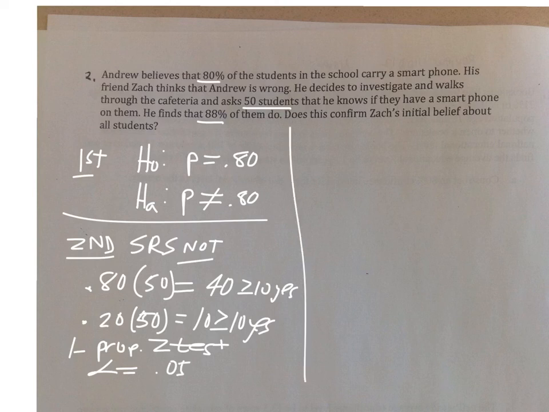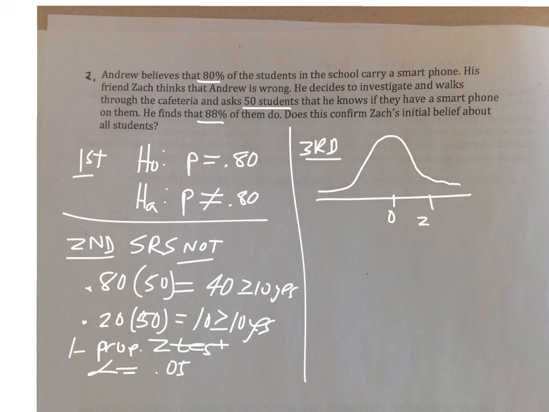as our significance level. All right, the third step would be to use the calculator to generate our normal curve. And with the work there, you find out that the z-score is about 1.4. And the shading would be on both sides because of the not equal sign in the Ha.